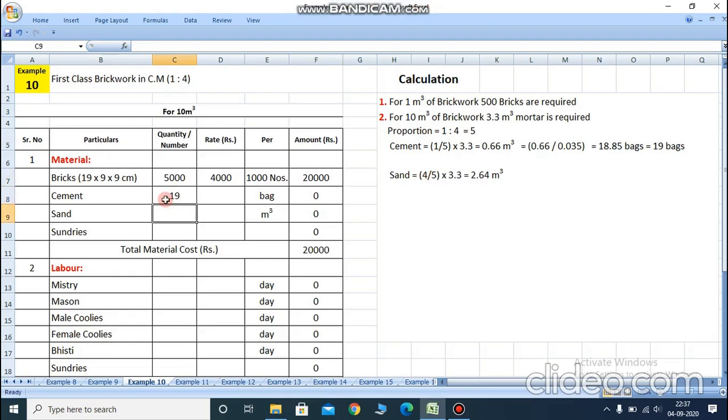Then after the sand quantity, we calculate 2.64, and the rate per cement bag is 280 rupees as per the textbook rate.